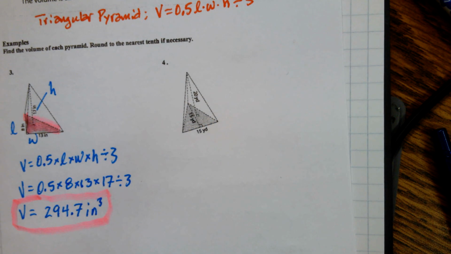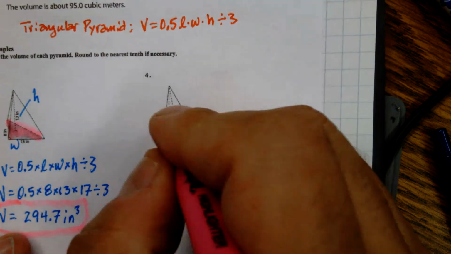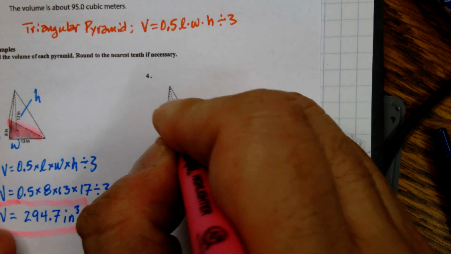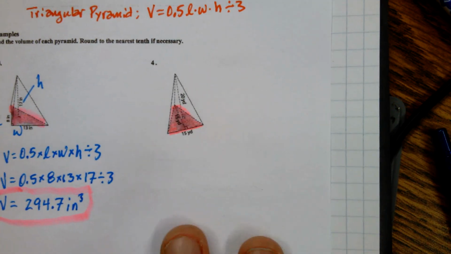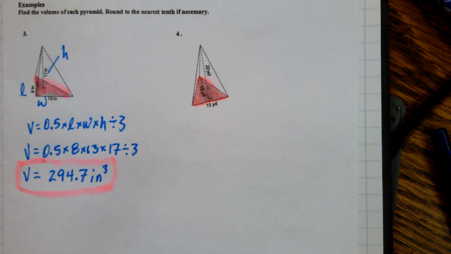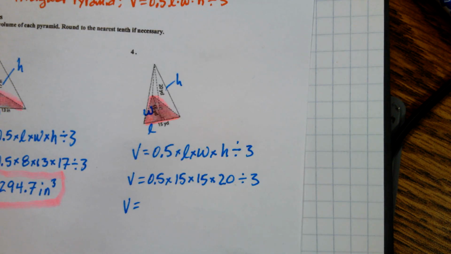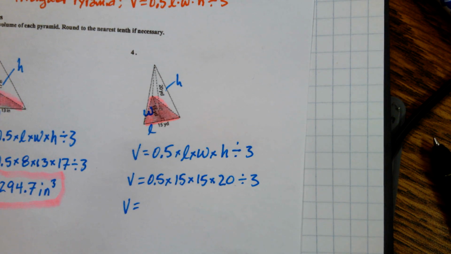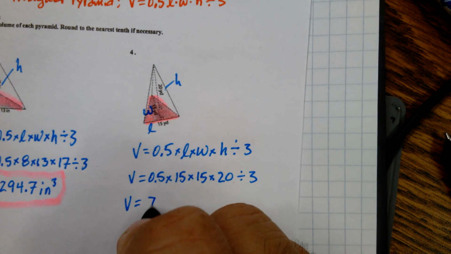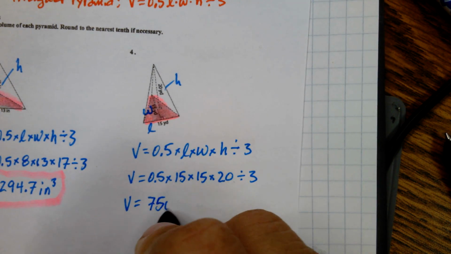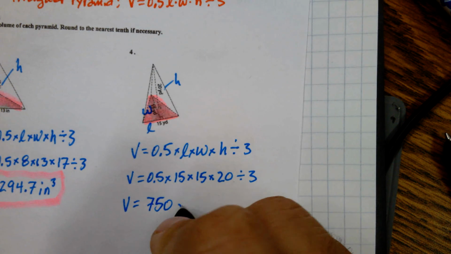Okay? So try that on the next one. I want you to try this on your own on the next one. Okay, so hopefully you got something like this. And if you did put this into your calculator correctly, what did we get? 750. 750 cubic yards.